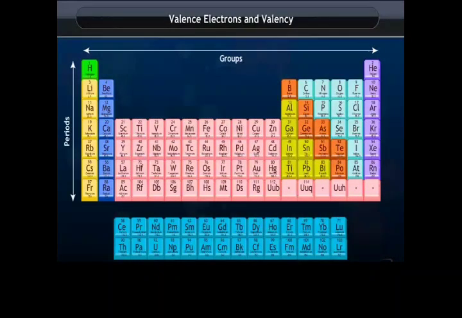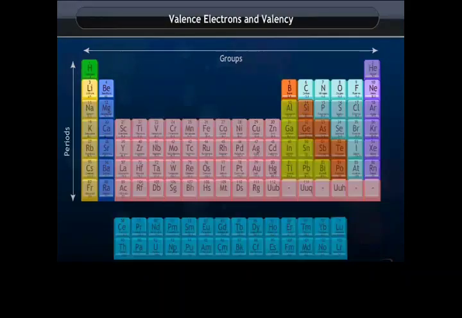Valence electrons and valency. In a period, the number of valence electrons increases from 1 to 8 from left to right, and the number of shells is the same. Look at lithium. It has 1 valence electron.